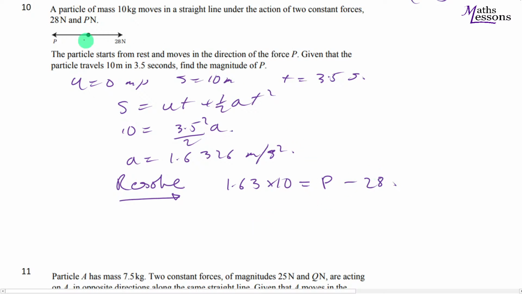I'm just checking this, P minus 28. Therefore, P will equal (1.63 plus 28) times 10. So that's roughly 16 plus 28. So P will equal 3844 newtons to the nearest newton.